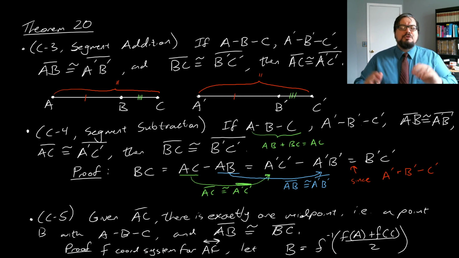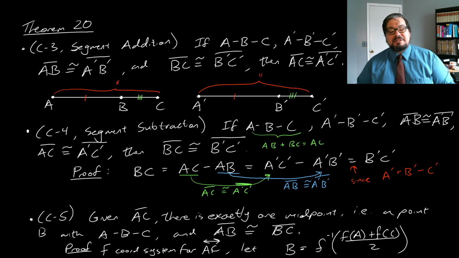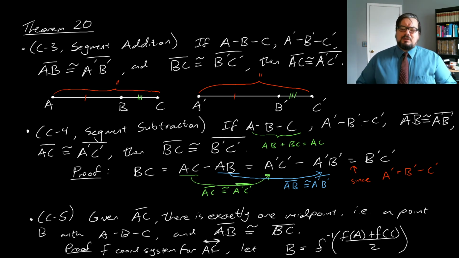Now, of course, there's some more work to do. Once you determine that this is B, you have to show that the segment AB is actually congruent to the segment BC. You have to show that it's unique, which follows something very similar to our proof for theorem 19. So these are our basic statements about congruence of segments.